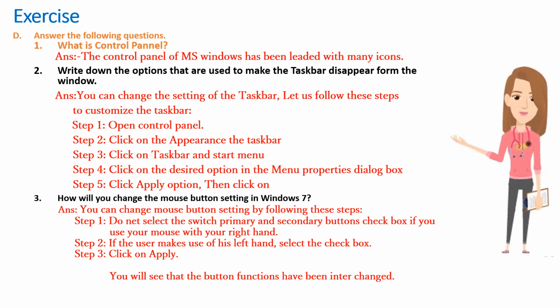What is control panel? 2. Write down the options that are used to make the taskbar disappear from the window. 3. How will you change the mouse button setting in Windows 7?